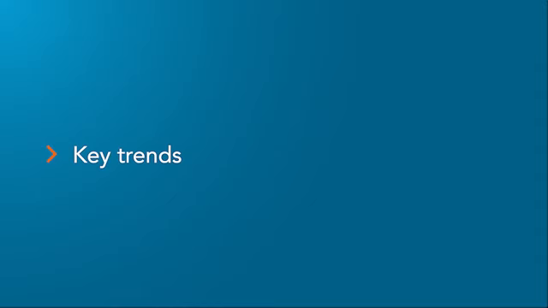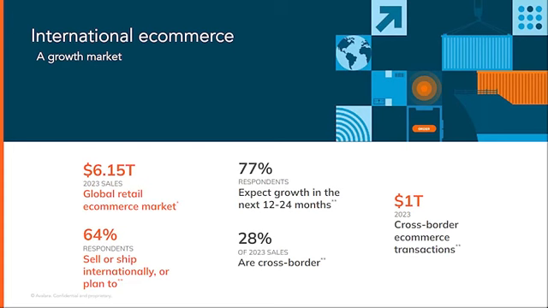Great. Thank you, Evan. So I'm going to start now by looking at some of the key trends that went through in the cross-border State of E-commerce report. If we move on to the slide on international e-commerce, a growth market, these are just some of the high-level stats that were taken out of the report.